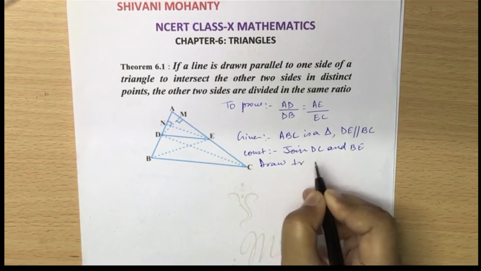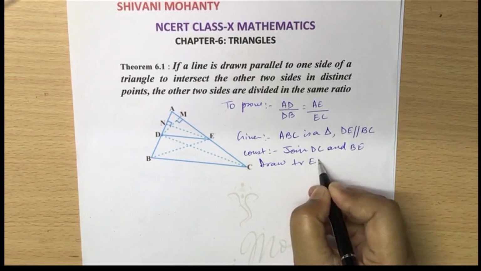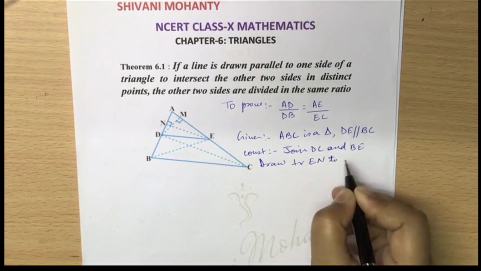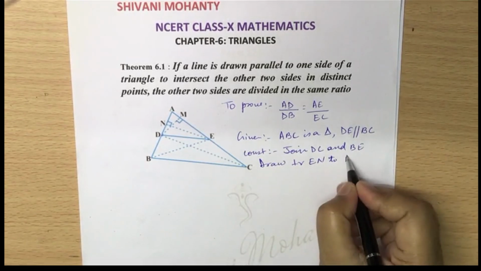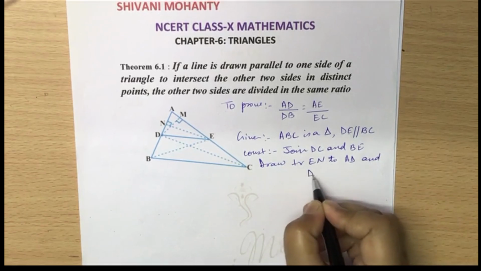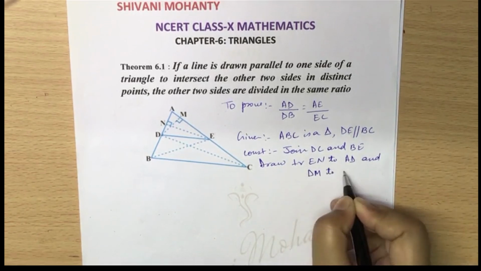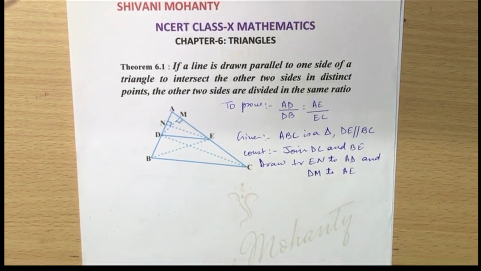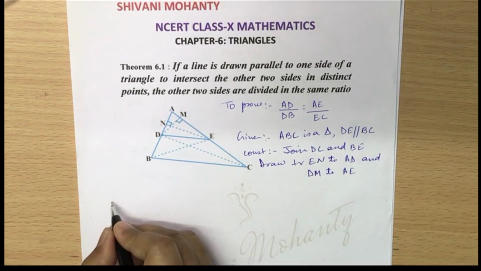Draw perpendicular EN to AD and DM to AE. This is the construction part over. Now I come to the proof.